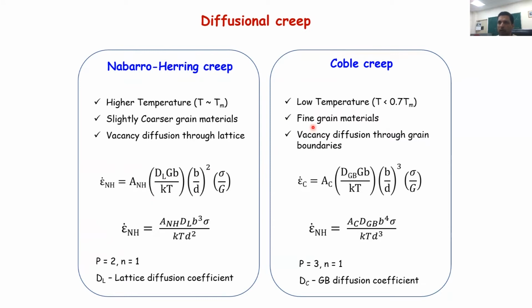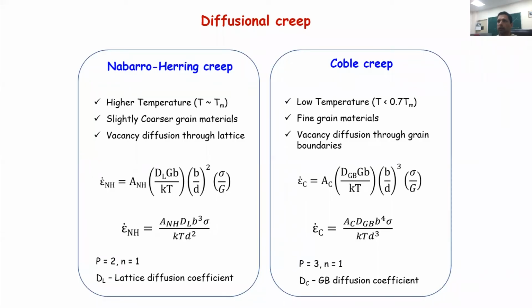And you would also see it is more dominant when the material has fine grains, and vacancy diffusion through grain boundaries. So here the mode of diffusion is through the grain boundaries. And this is the equation. So here p is equal to 3, n is equal to 1. And this is the form of the equation that you would obtain. And actually, again, this is something it should have been C. So let me.